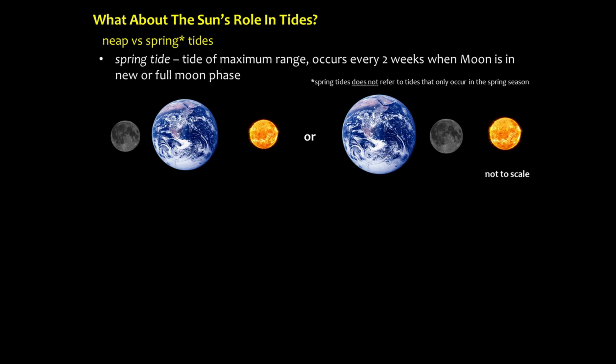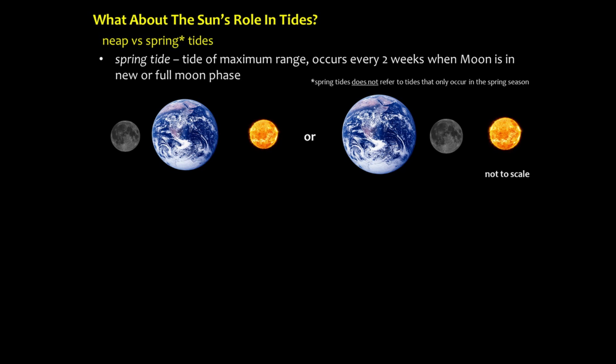For example, when we have the Earth, Moon, and Sun, as we see on the right-hand side of the slide, well, not only do we have the gravitational attraction of the moon, but we also have the gravitational attraction of the sun enhancing the moon's gravitational attraction. So that's going to pull that bulge of water out even further. On the left-hand side, and I apologize for this being a little bit backwards, we have the moon, earth, and the sun.